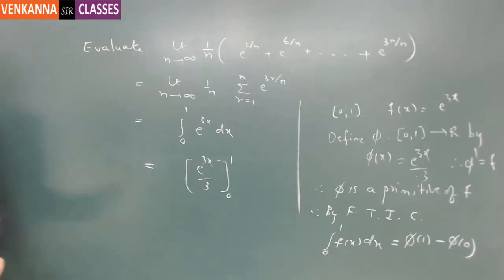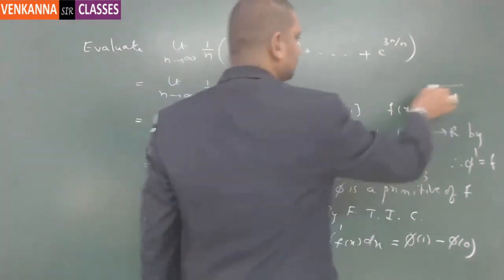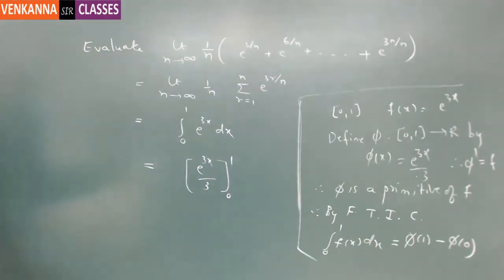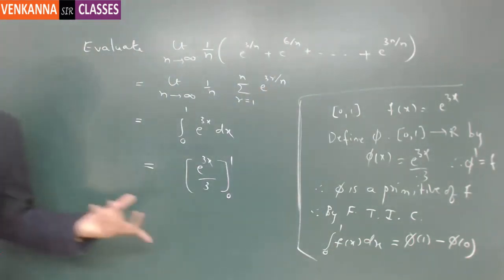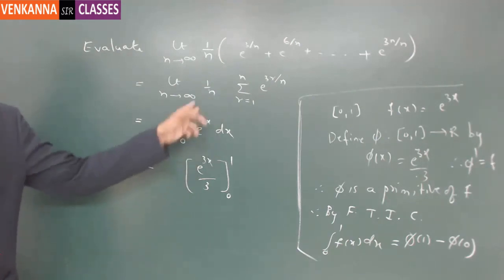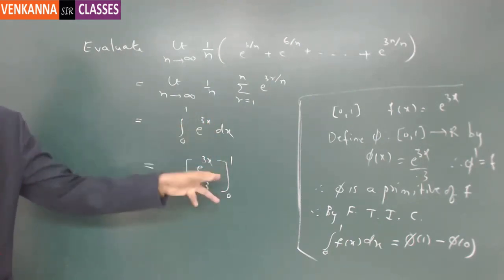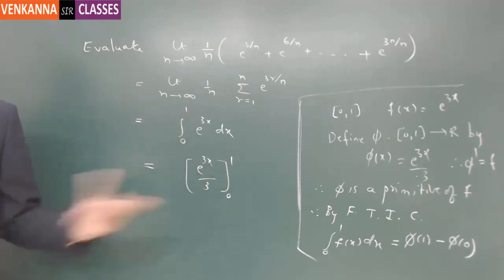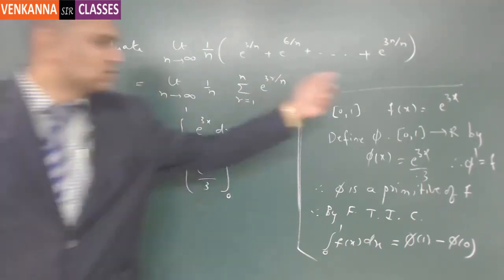Actually, this part you need to write on paper in the exam. At plus 2 level, straight away we will write that integral 0 to 1 e power 3x is nothing but e power 3x by 3 between the limits 0 to 1. But how this came? It came because of this condition.